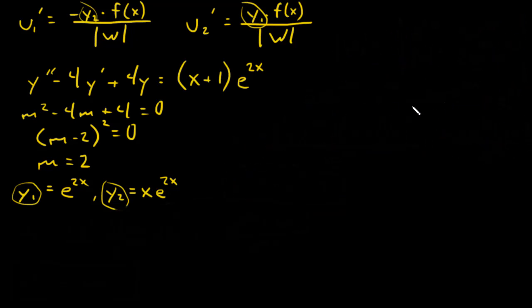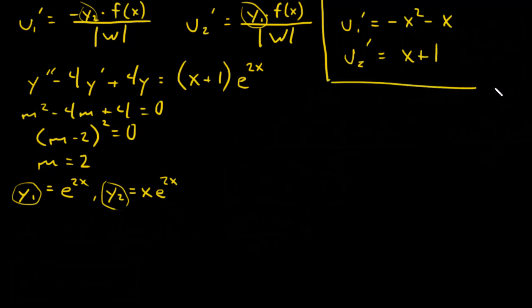All right. I can now write that up here. Make sure I lower that a little bit. So I had u1 prime equal to negative x squared minus x, and u2 prime equal to x + 1. Now I need to find u1 and u2.